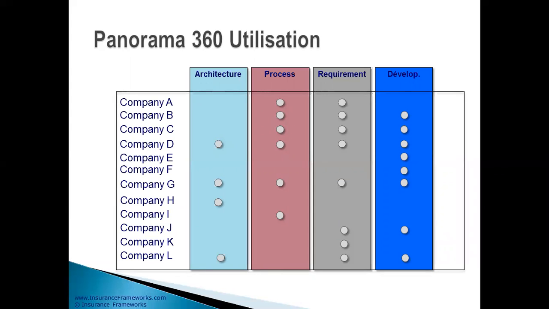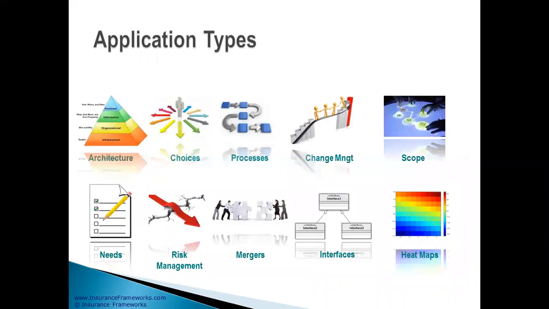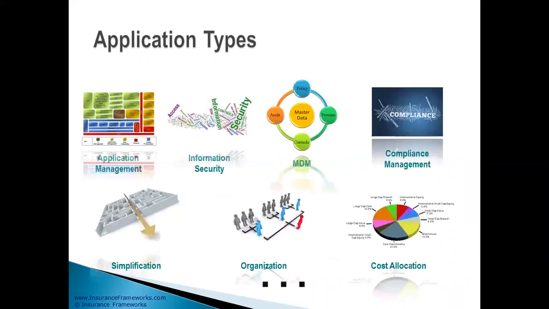As we added to Panorama 360 over the last 2 decades, now we can actually see different situations where Panorama 360 comes in very handy and makes it easy to address all types of situations, including master data management, compliance management, organizational management, application management, and so on, to just name a few.